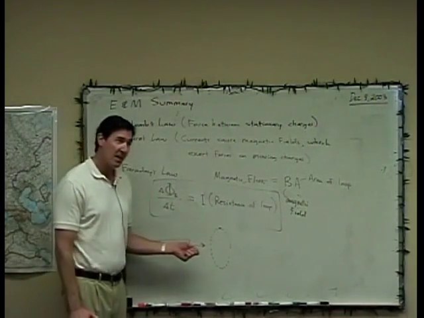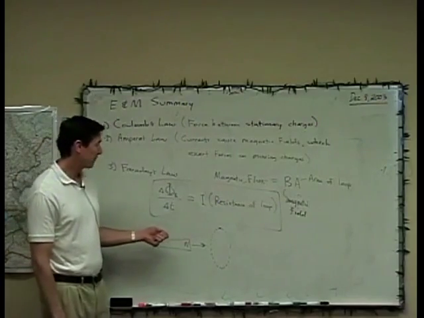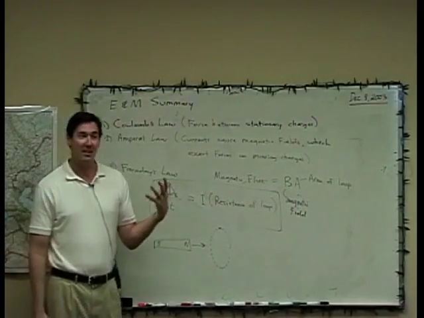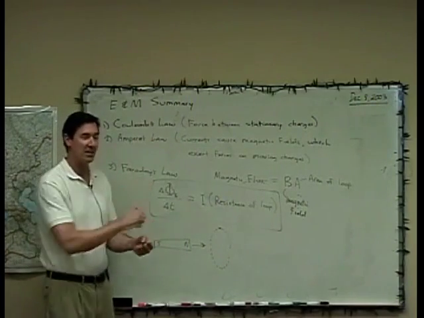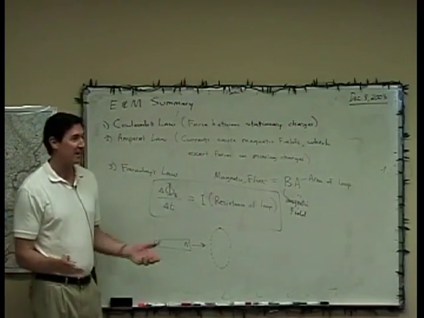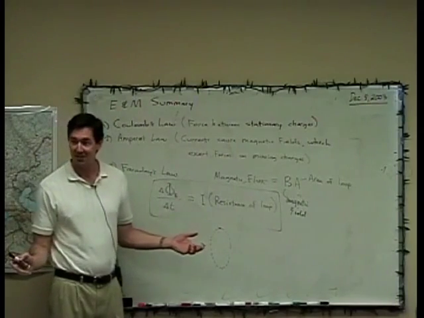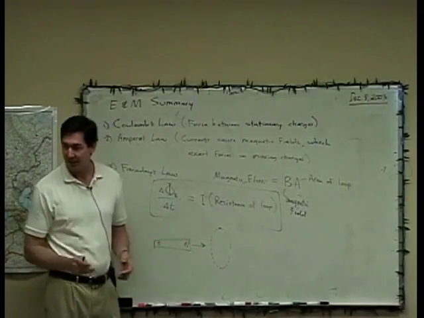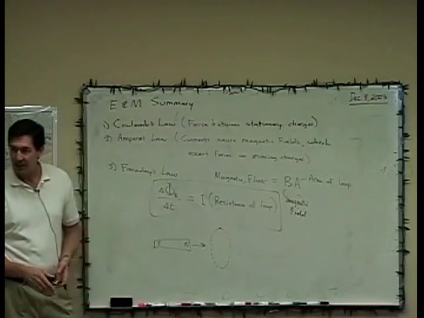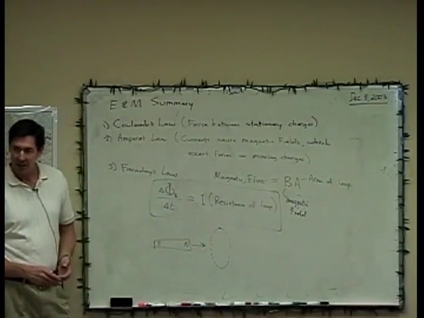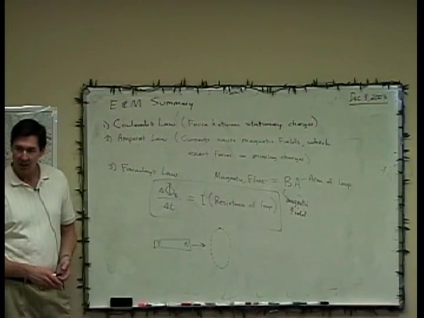Now, if a stationary charge suddenly has a force on it, that means there's got to be an electric field. Nick? If you put the magnet there, will the charge move around and stop, or does the magnetic flux have to keep changing?